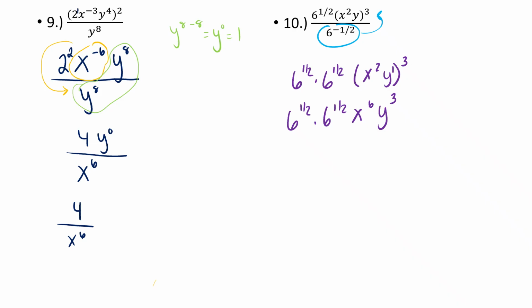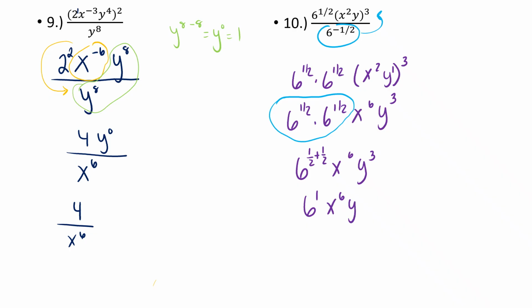Now, right here, if you are multiplying like bases, then you are going to add the exponents. So this would be 1/2 plus 1/2, which of course is 1. And you do not need to write the 6 to the first power. So that simplifies there to 6x to the 6, y to the third.